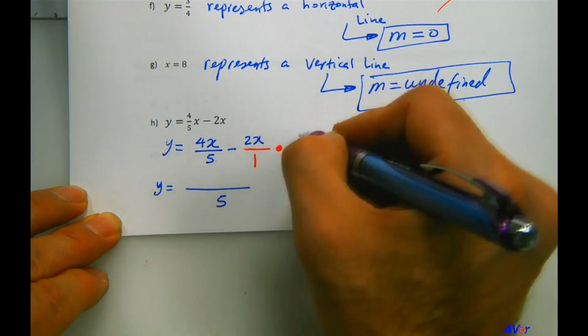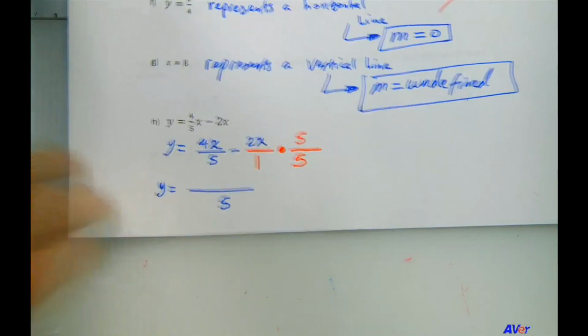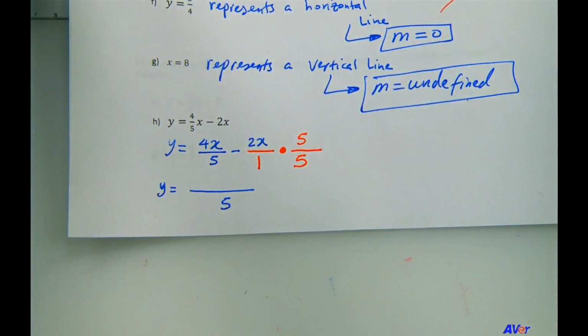So we have to multiply the numerator by 5 as well. So the objective is to get the common denominator, but to get there, we can't just change the denominator and leave the numerator alone. A single fraction should be changed as a whole in order to obtain the common denominator for it. You can't do something to the denominator and not do the same thing to the numerator, okay?